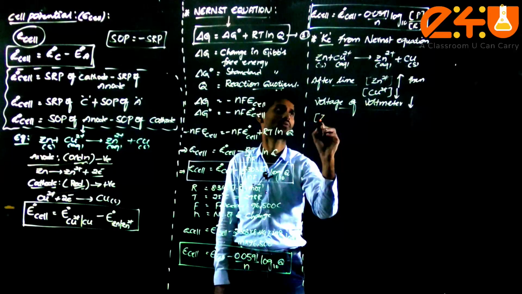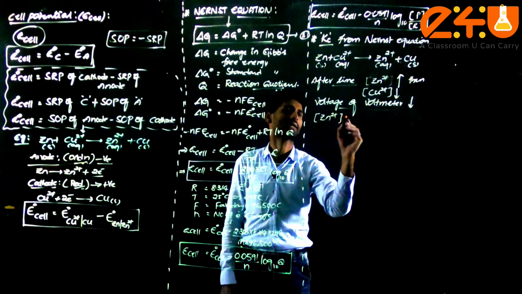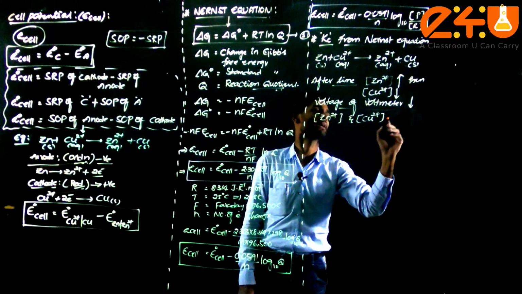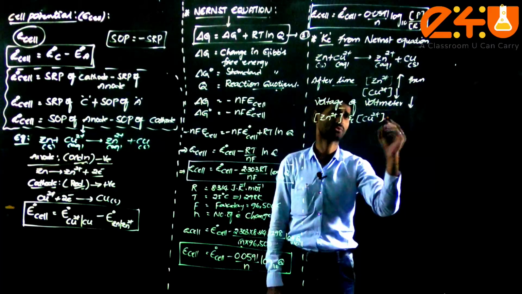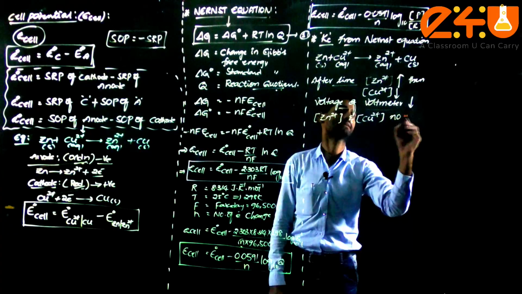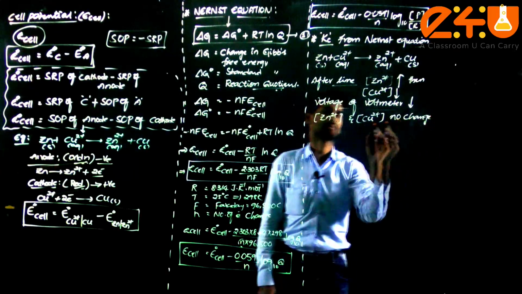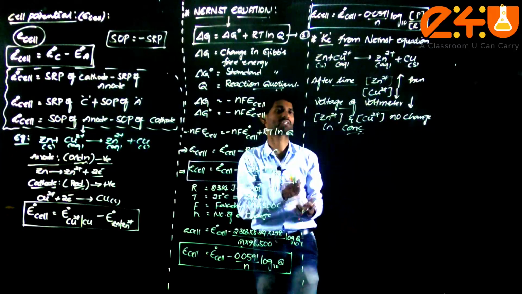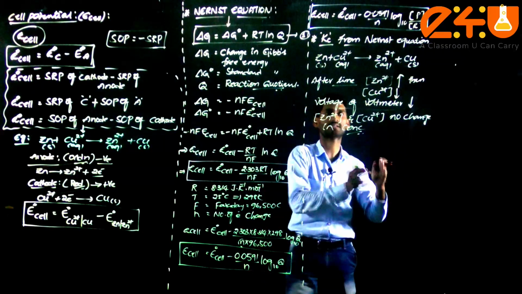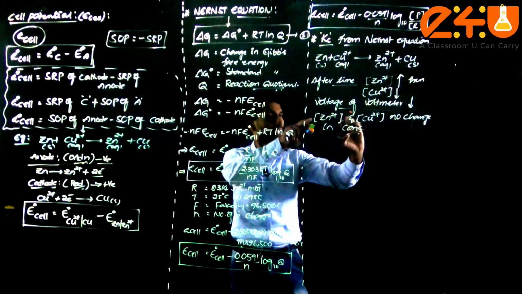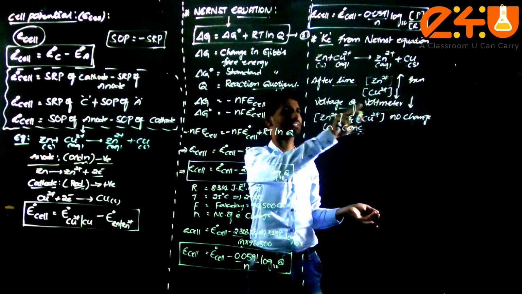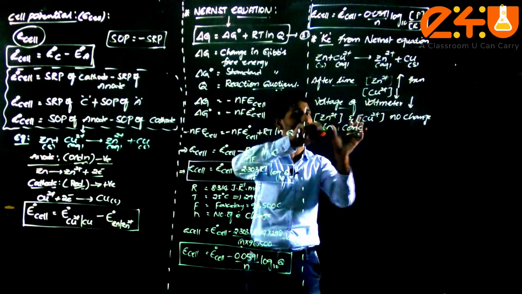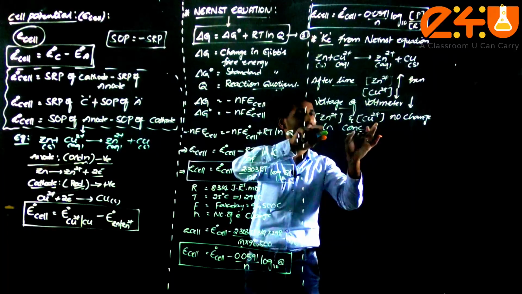The concentration of Zn2+ as well as the concentration of Cu2+ ions will have no change in concentration. If there is no change in the concentration, then the voltmeter reading also will be constant, that is 0, when these two ions attain equilibrium.